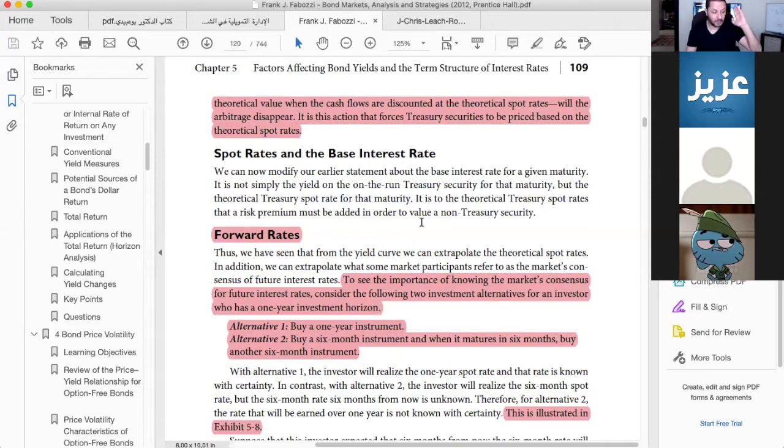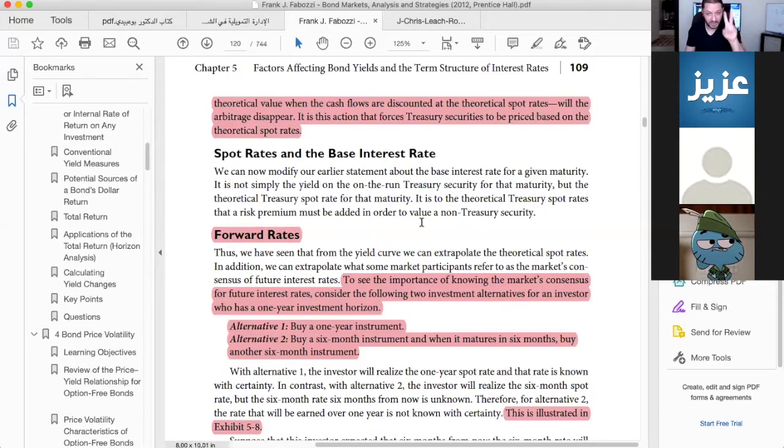We invest our money at T0 and get it back after 1 year. For the second alternative, we do it in two steps. First, we invest our money with the observed yield to maturity today for 6 months. Then we wait 6 months, get our money back, and invest it once again with the yield to maturity that would prevail after 6 months.